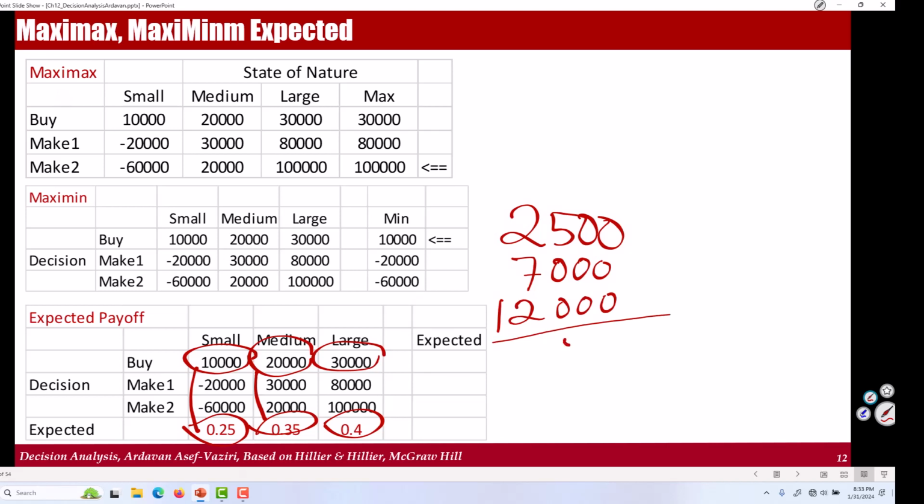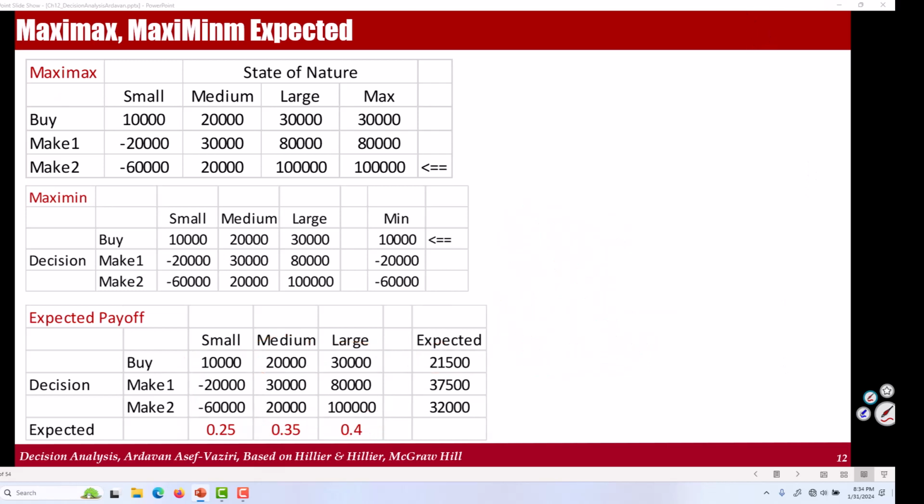If we add them together, and do the same for all others, out of these three, this one is maximum, so we go with this alternative. Here we went with that alternative, here we went with this alternative.